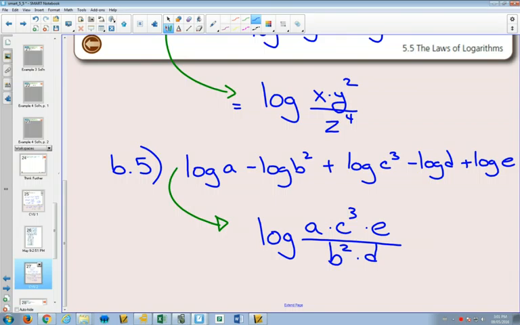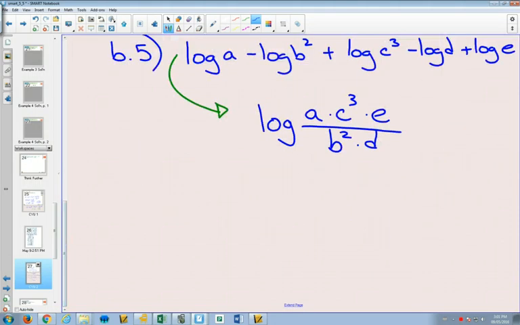Whatever is a positive one, that goes in the top, because that's your multiplying and multiplying things together. Whenever you're subtracting, that's your dividing. So whatever is being subtracted, the B squared and the D, that will be divided. And you're going to find that any time you're adding or subtracting more logs, this will be the easiest way of going about it. If you try to do them one at a time, chances are you might forget brackets or make a mistake along the way, so this will be the best way to do it.